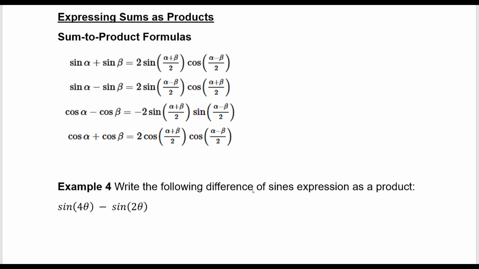Write the following difference of sines expression as a product. So we have a sine minus a sine, so it's the first one. This is going to be 2 sine of, we're going to add the 4 theta and the 2 theta, 4 theta plus 2 theta, and then divide by 2, then times cosine of 4 theta minus 2 theta over 2.